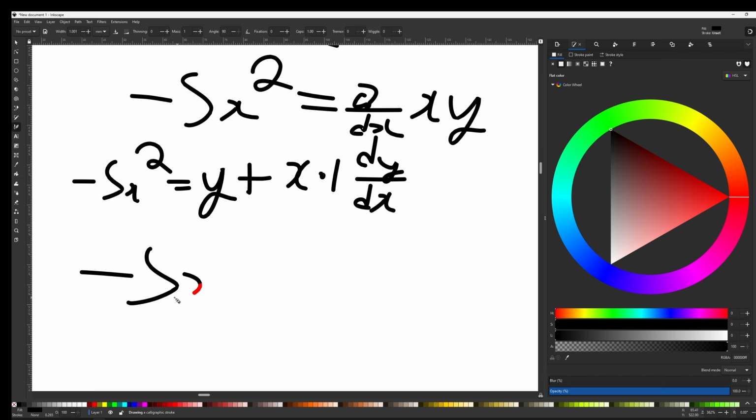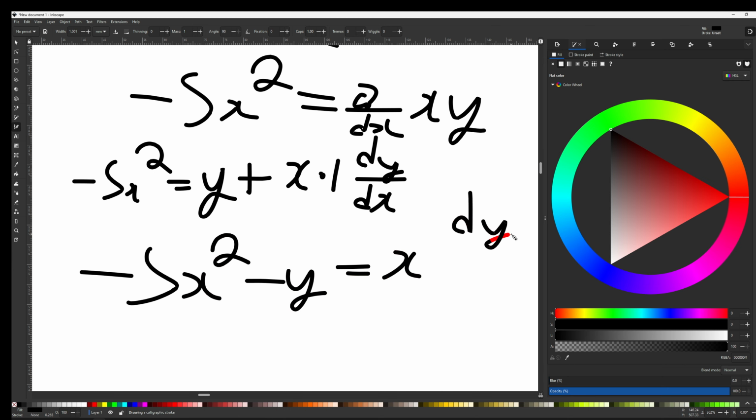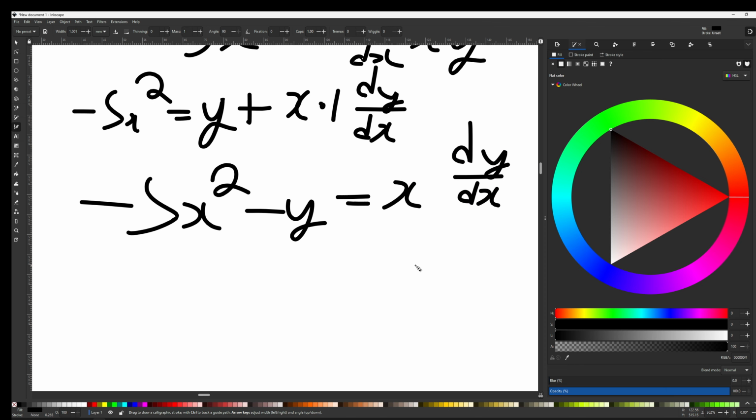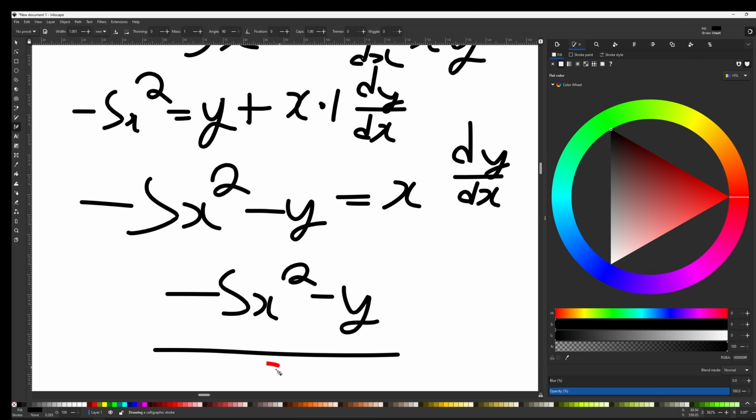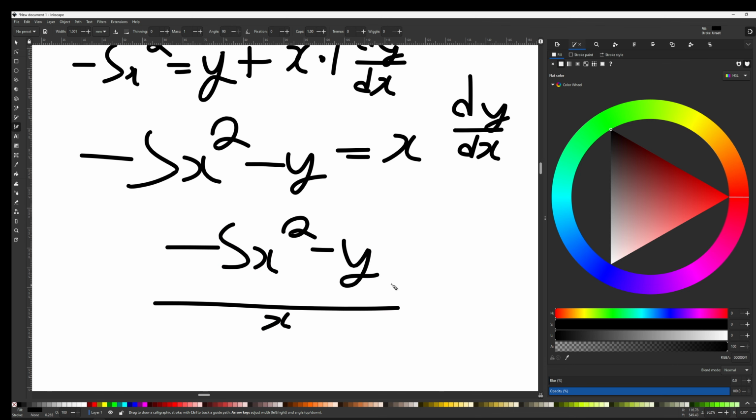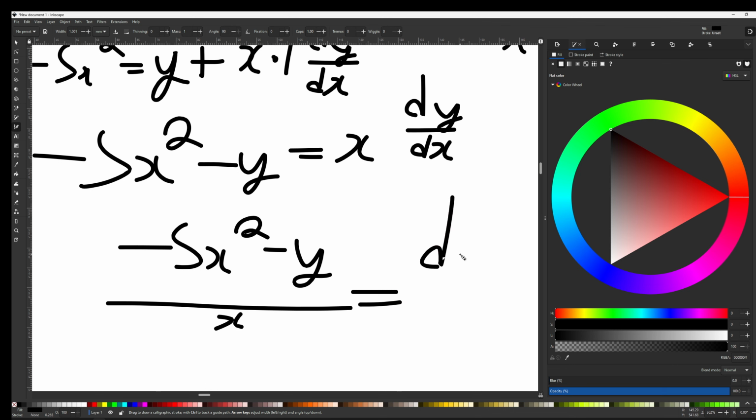We're going to have negative 5x squared minus y is equal to x times dy/dx. And now finally, we can divide both sides by x. Negative 5x squared minus y divided by x is equal to dy/dx. Final derivative.